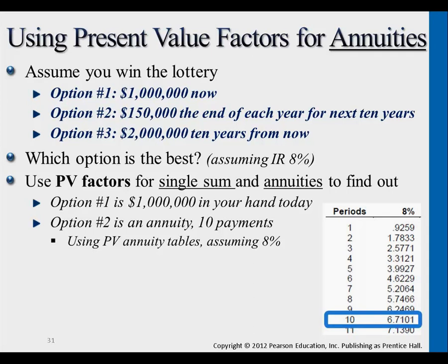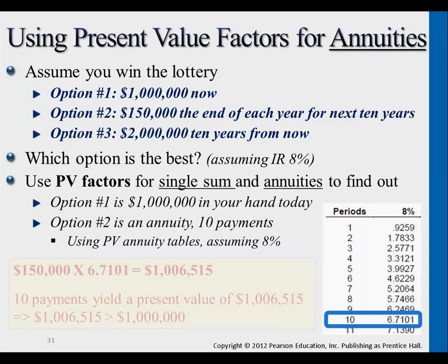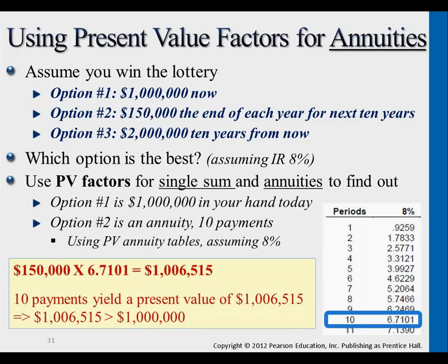We know that it's 6.7101 at 8% in 10 years. So we figure out our net present value: it's 1,006,515. So option 2 is better than option 1. Great.